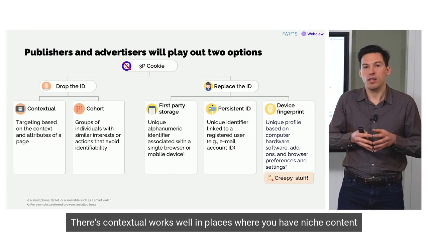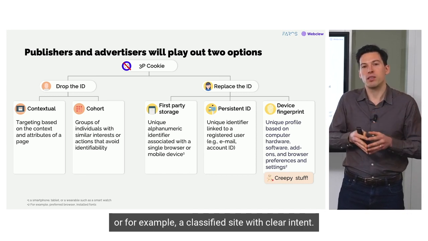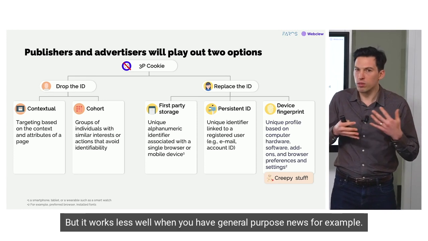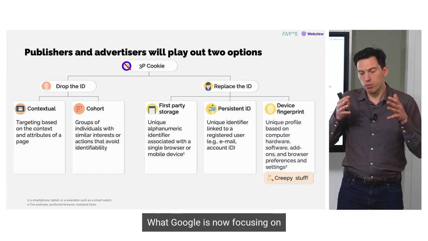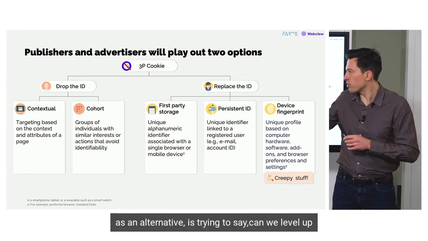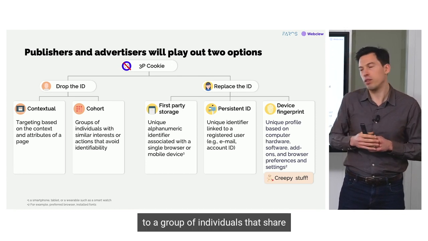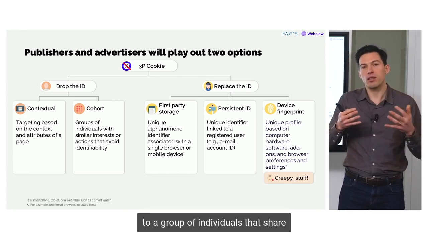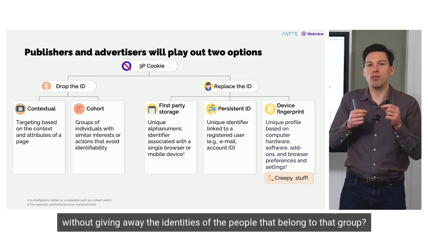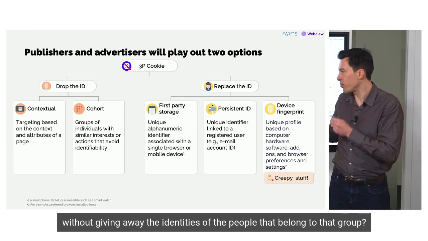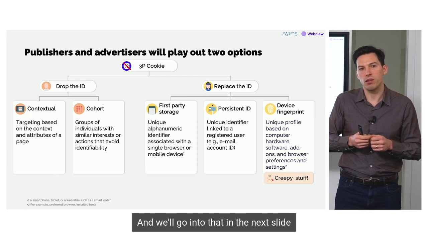Contextual works well in places where you have niche content or, for example, a classified site with clear intents, but it works less well when you have general purpose news, for example. What Google is now focusing on as an alternative is trying to say, can we level up to a group of individuals that share certain traits, certain interests, and actually target the level of the group without giving away the identities of the people that belong to that group. And we'll go into that in the next slide with a bit more detail.